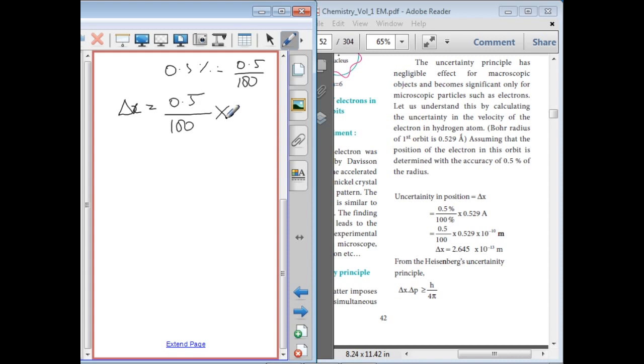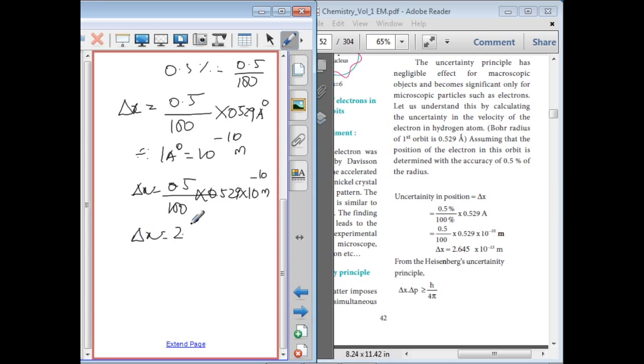The value is 0.529 Angstrom, and 1 Angstrom equals 10 power minus 10 m. So delta x equals 0.5 divided by 100 multiplied by 0.529 into 10 power minus 10 m. So delta x equals 2.645 into 10 power minus 13 m.